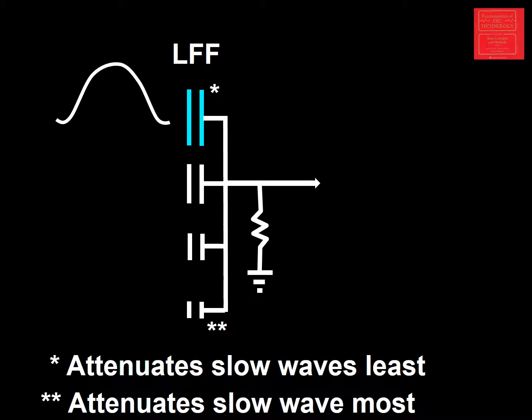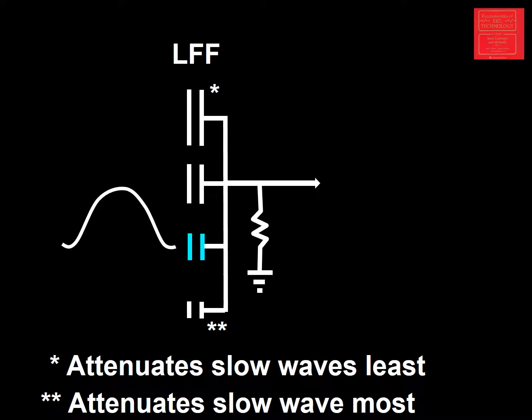So when presented with a slow wave, a low frequency filter with a large capacitor will minimally attenuate the original wave. If the same size wave is presented to a low frequency filter with a smaller capacitor, the slow wave will be more attenuated.